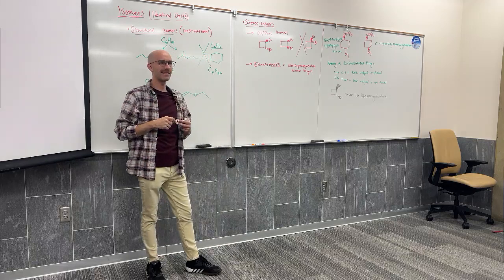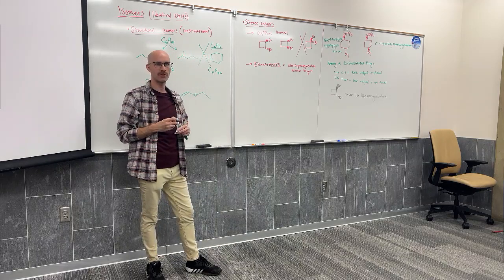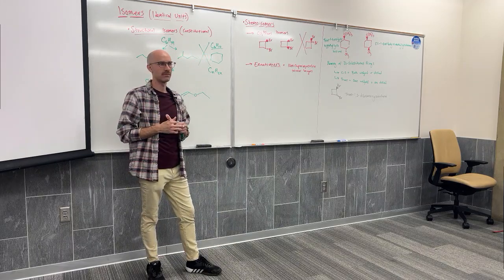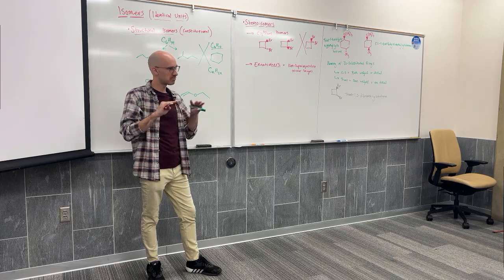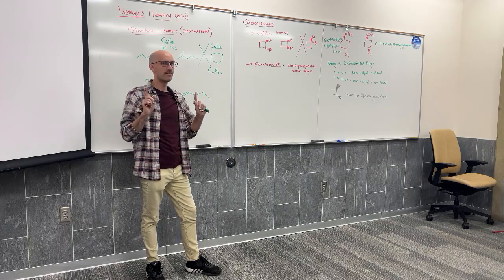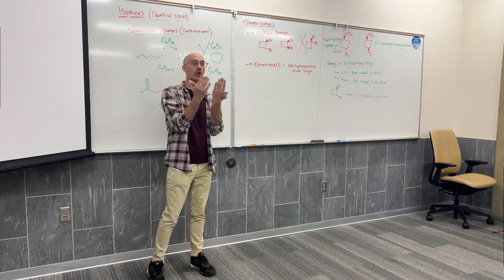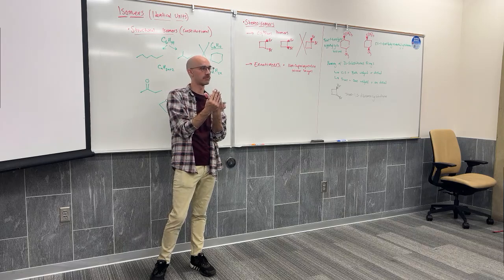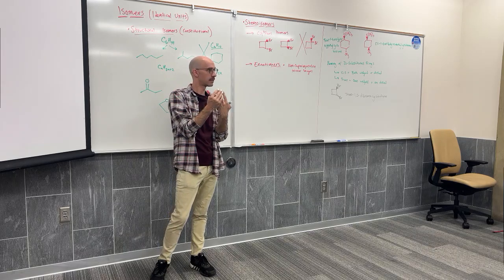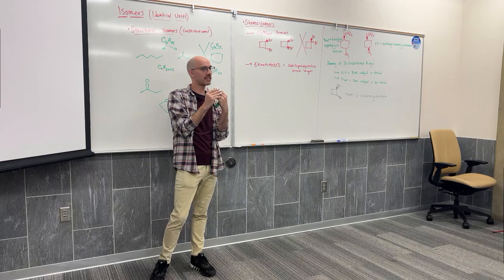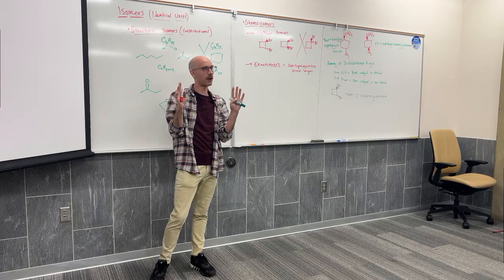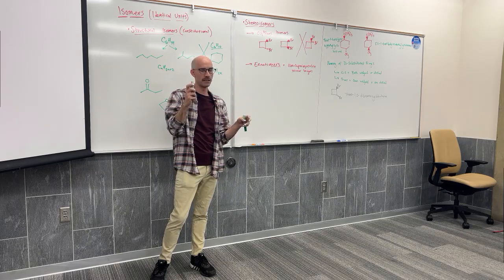Did you know that everything has a mirror image? Everything has a mirror image, without fail. Some things are superimposable on their mirror image. Some things are not. Actually, many things that we deal with are non-superimposable.